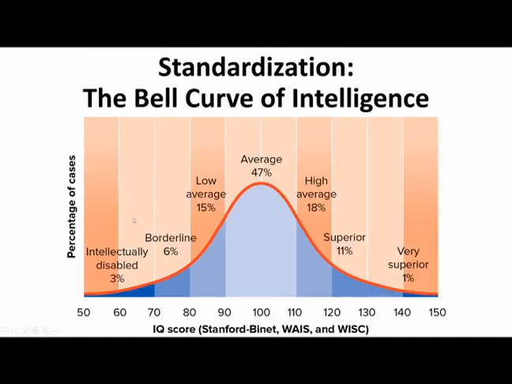We can actually look at an example of that on the next slide, where we have what the textbook calls the bell curve of intelligence. When you give IQ tests to large populations, you tend to see the same pattern, no matter which population it is that you're applying this test to.